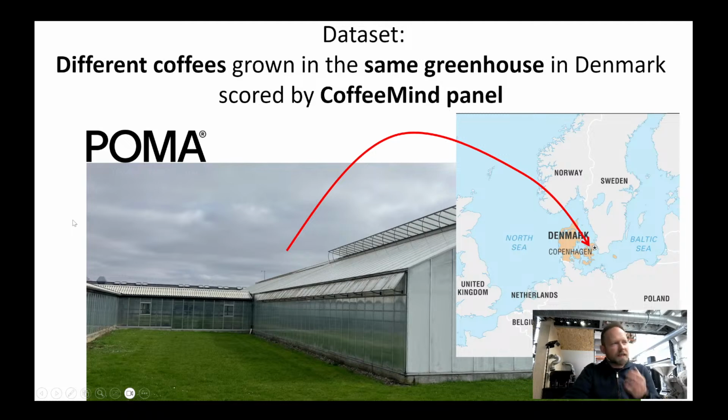So I want to show you a data set here that is almost the most interesting sensory analysis I've ever seen. It is different types of coffees grown in the same greenhouse here in Denmark. It's the university greenhouses where you can control oxygen level, CO2 level, humidity, and temperature, so you can make the trees think they are in different altitudes.